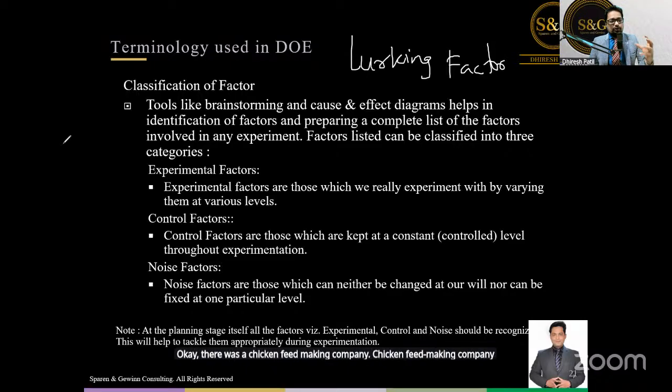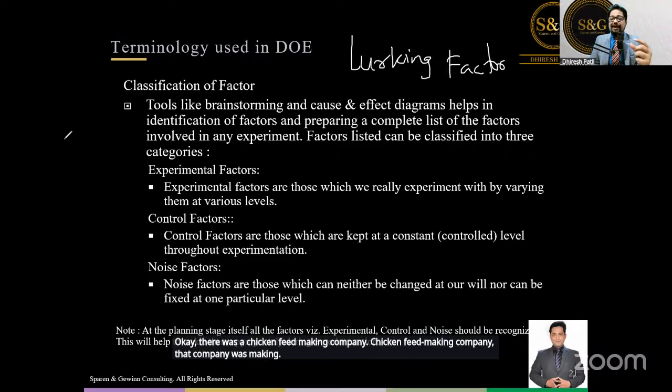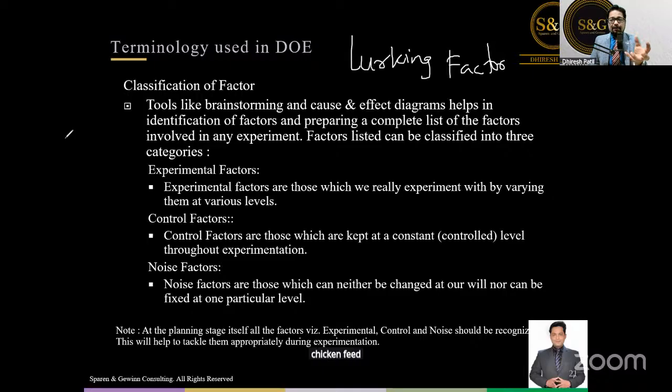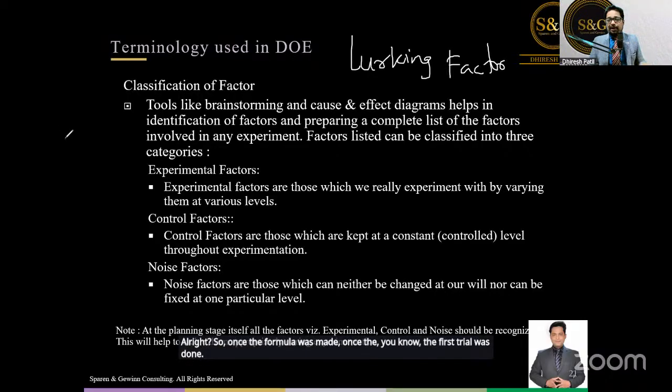That company was making chicken feed, to be given to poultry chicken to increase the weight. It was a protein rich chicken feed. Once the formula was made and the first trial was done, they wanted to run the experiment in a poultry farm.